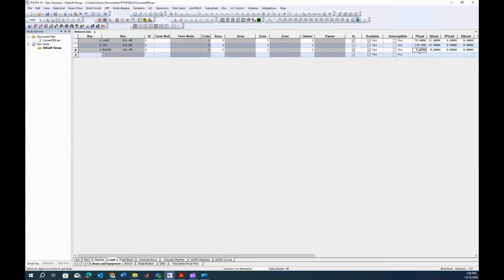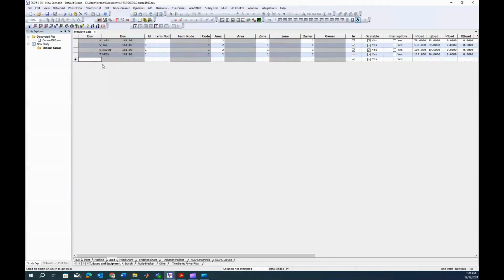For the sixth bus, we have 104 and then 19.5. For the seventh bus, you go down, it will autofill, then you enter only the amount of load there, 117 and 26. That's how you enter all your load data.